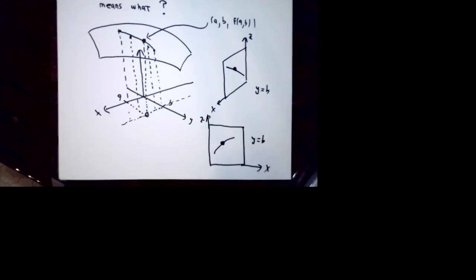So this is the graph of an ordinary calculus 1 type function. If I keep the y constant, z is a function of x only. This graph is an ordinary curve. It has a slope of its tangent line at this spot.